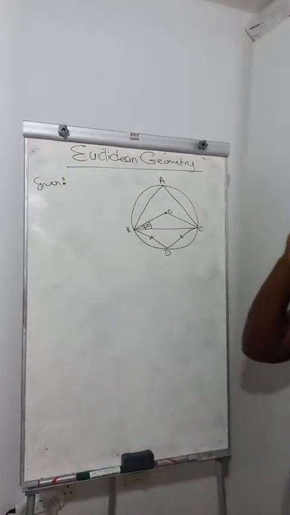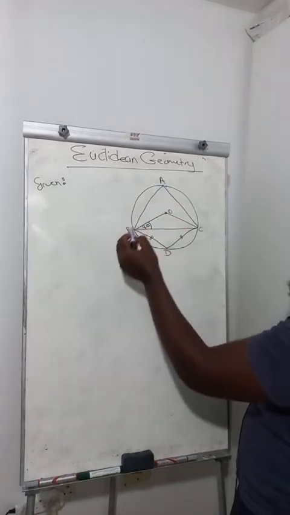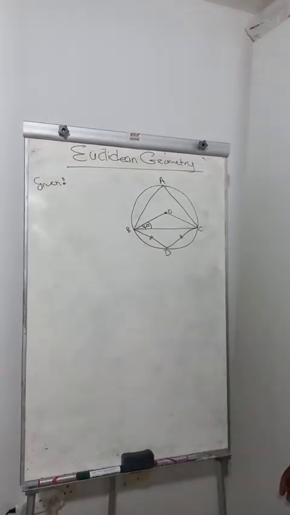In the given diagram, they're saying A, B, C, D are points on the circle.